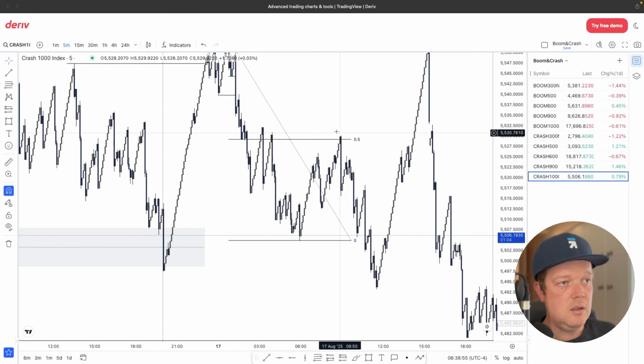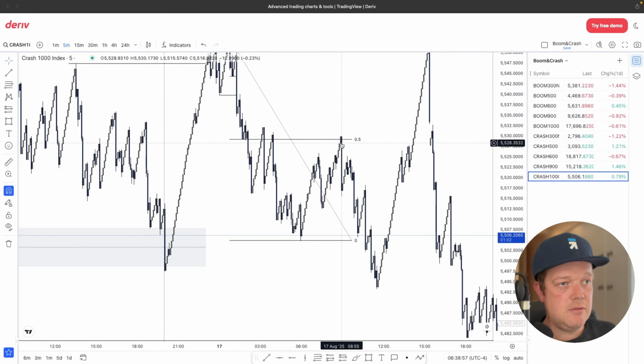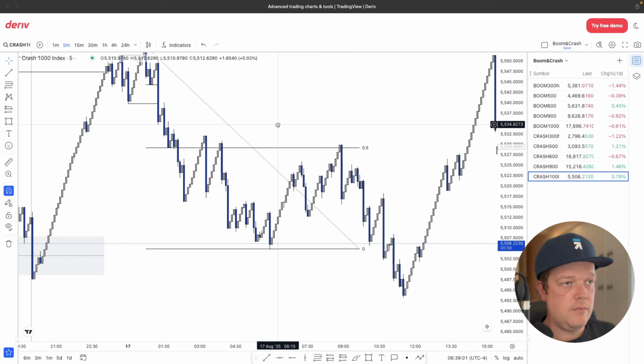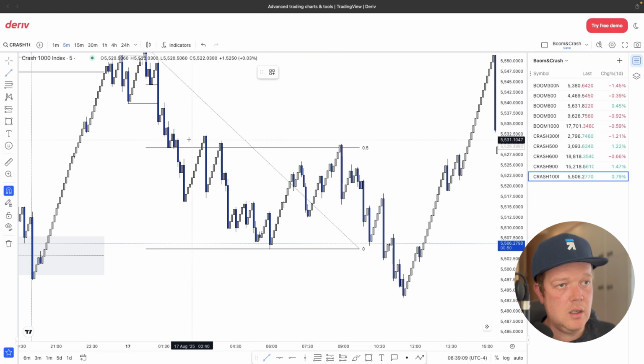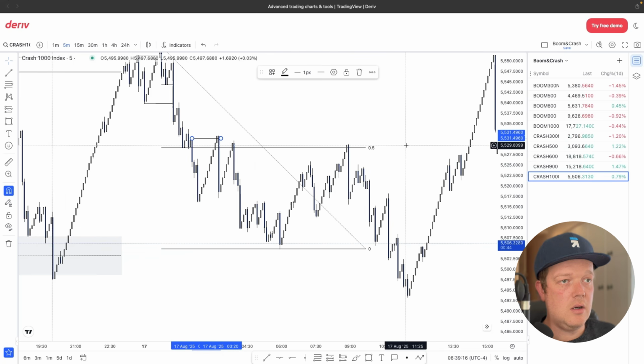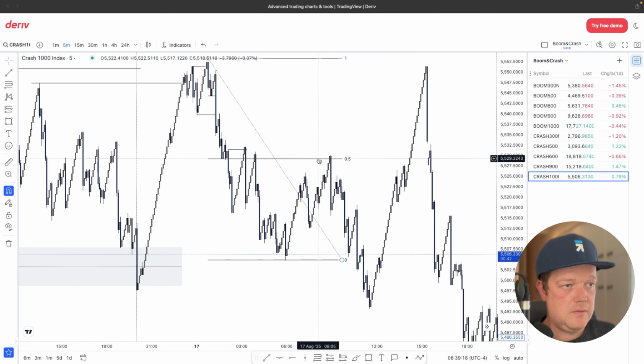So again, price tapped our 50%. What do we have? We have an order block area resting right over here. And as well, as you can see, liquidity has been swept, break of structure, retrace, and it's on the higher time frame 50%.